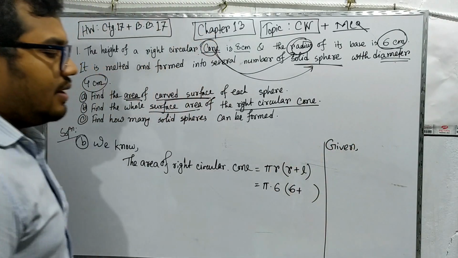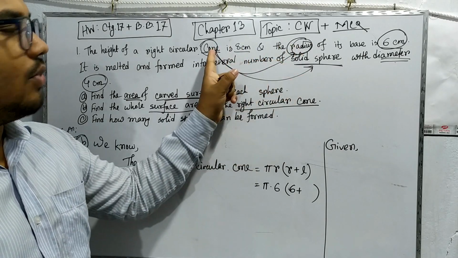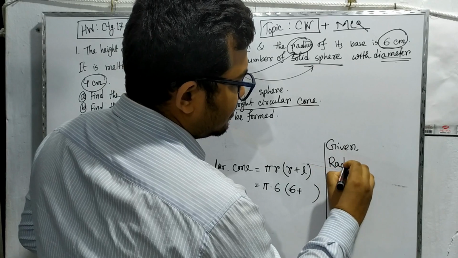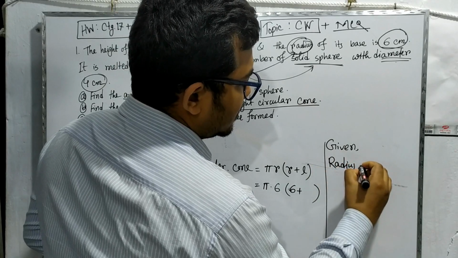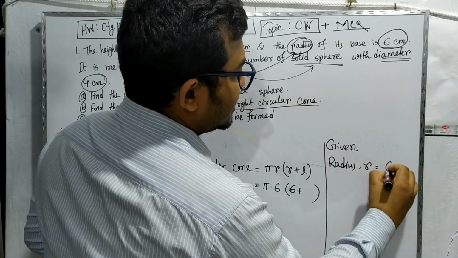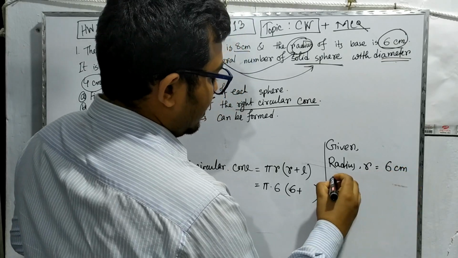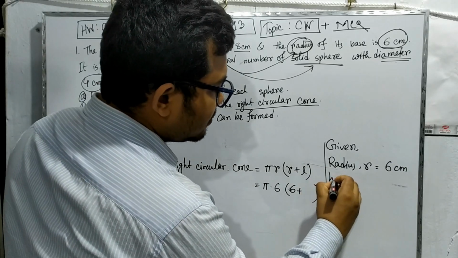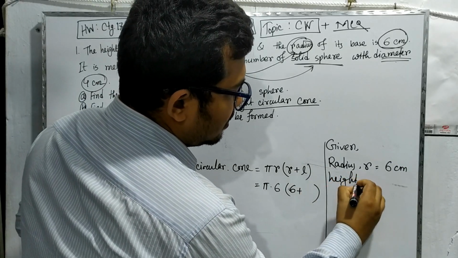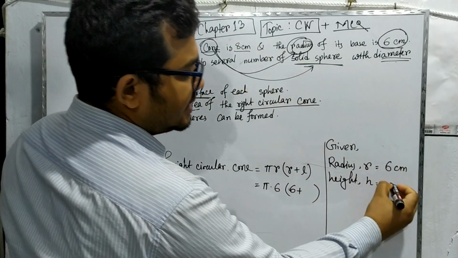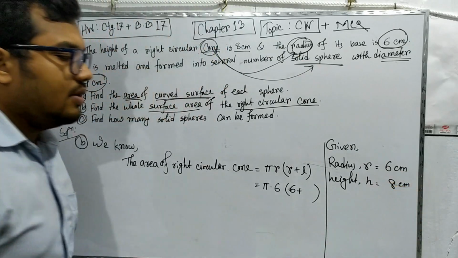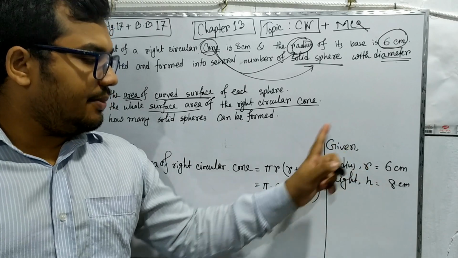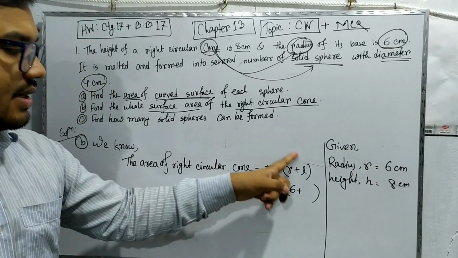Given the radius of the cone, r, is 6 centimeter. Then the height is also given, height is 8 centimeter. So if we know the height and also the radius, then we can very easily find the slant height, that is l.